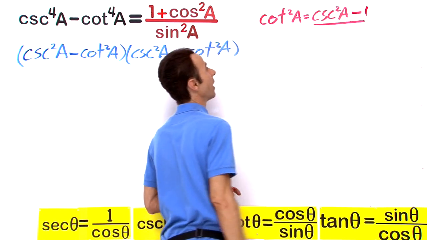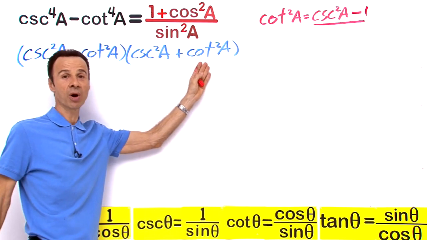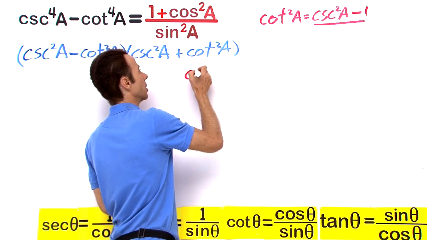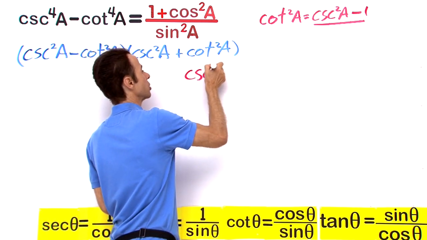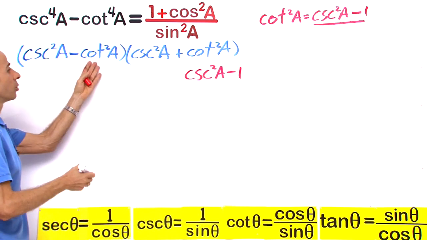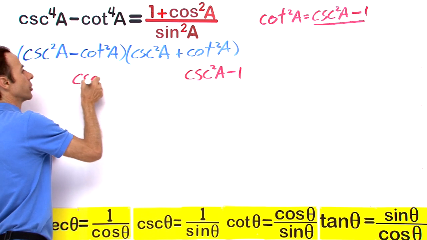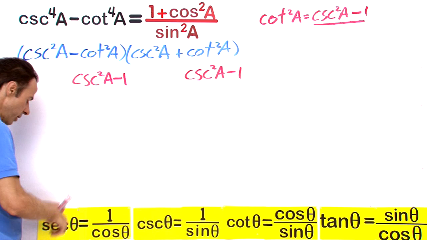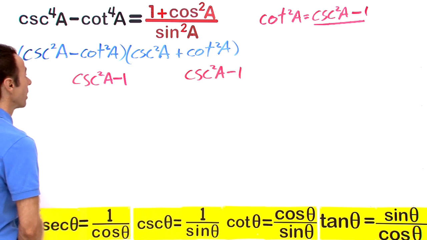So we're going to take that and replace the cotangent right in there. So let's do that. So this becomes cosecant squared a minus 1. We're going to replace this one here with cosecant squared a, take away 1. So let's put all the other brackets around there.